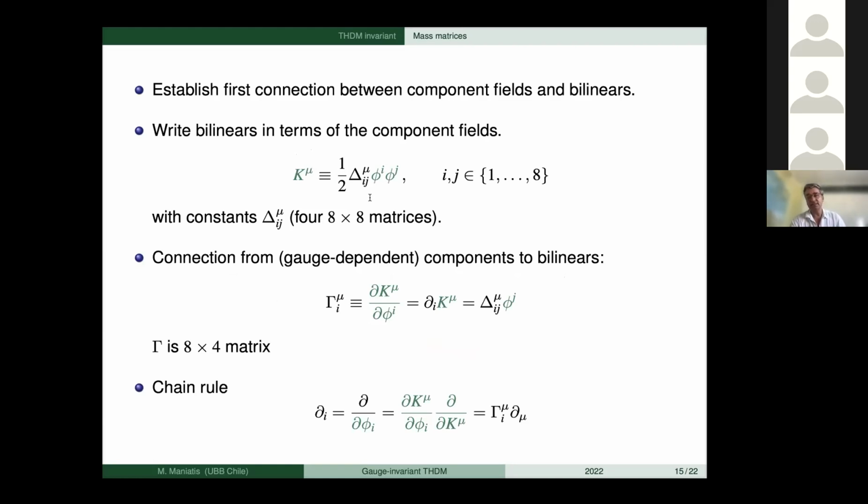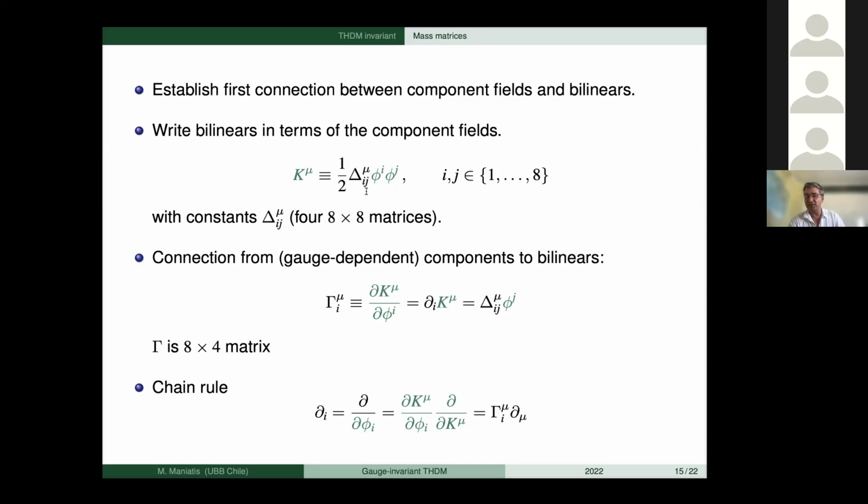So we know these bilinears we have seen, K0, K1, K2, and K3. This is the index mu running from 0 to 3. They are bilinear in the doublets, and therefore they are bilinear in the component fields. If you write them explicitly, you can see that in terms of the component fields, they are also bilinear.